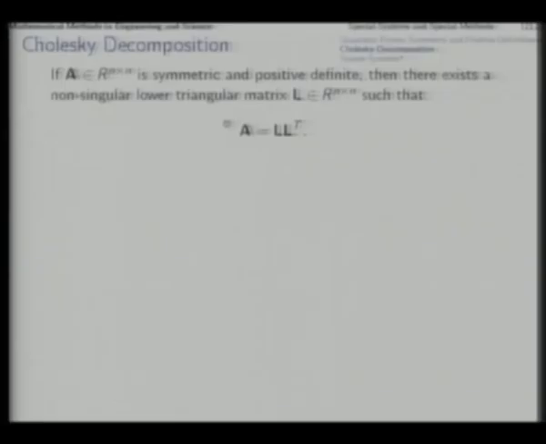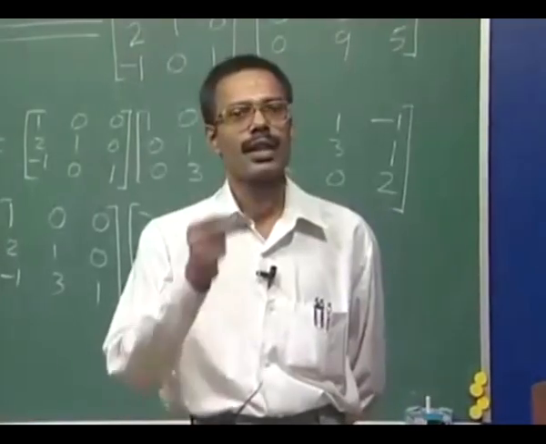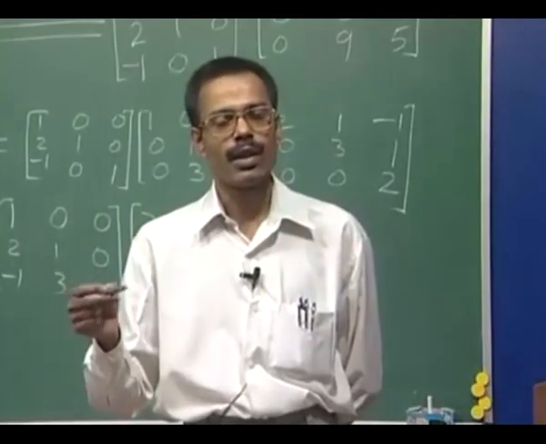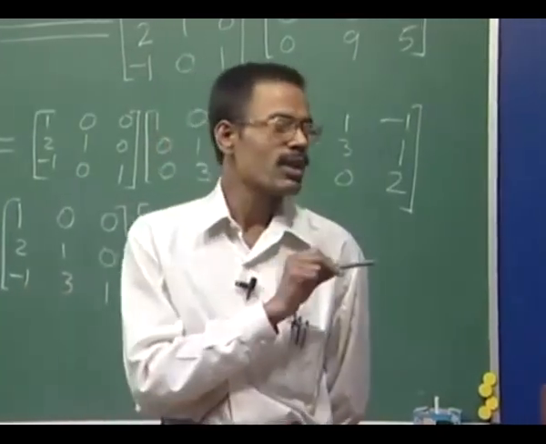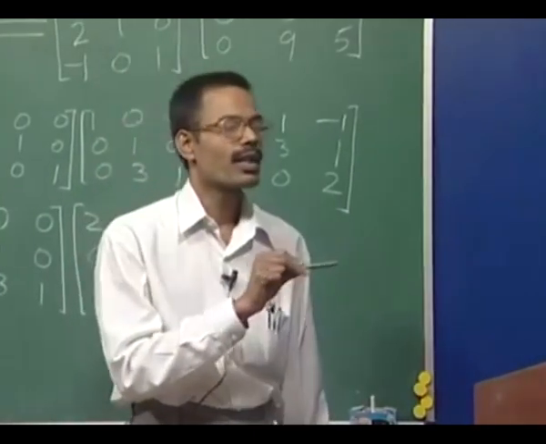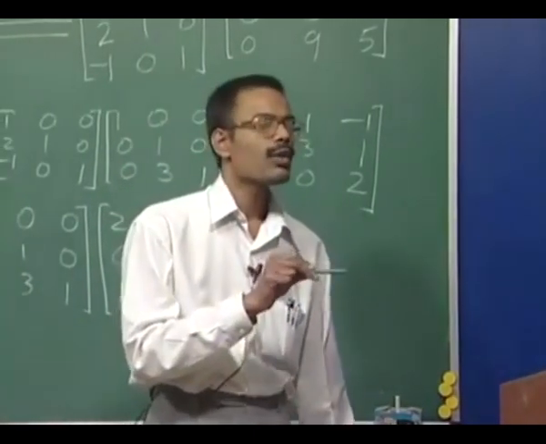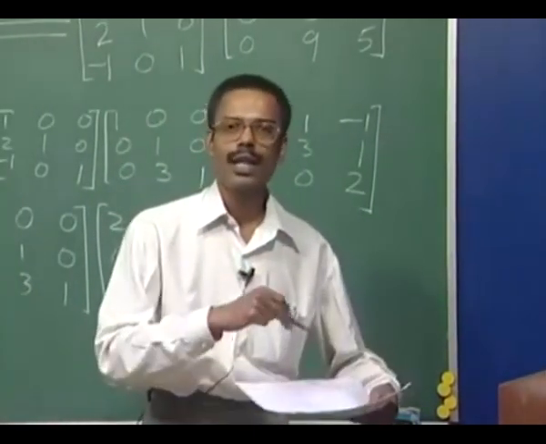In Doolittle's algorithm for LU decomposition, we made a choice regarding the diagonal entries of L. We said that all of those we want to be 1s. Here we make another choice, rather a choice in the nature of the L and U factors.